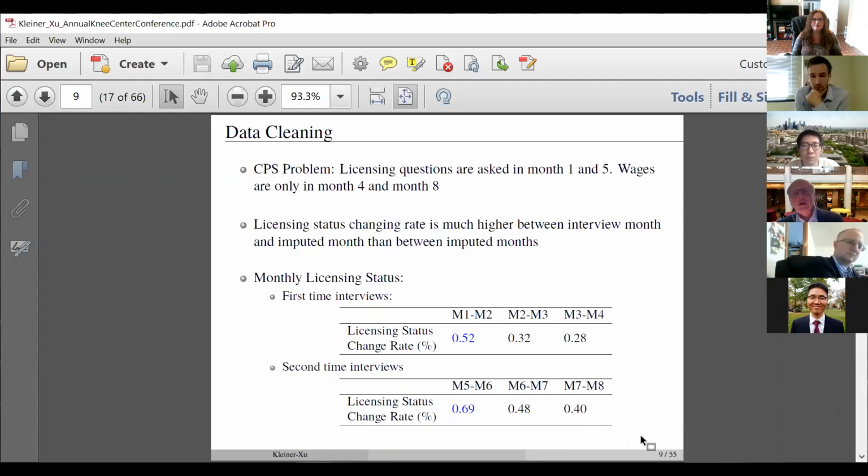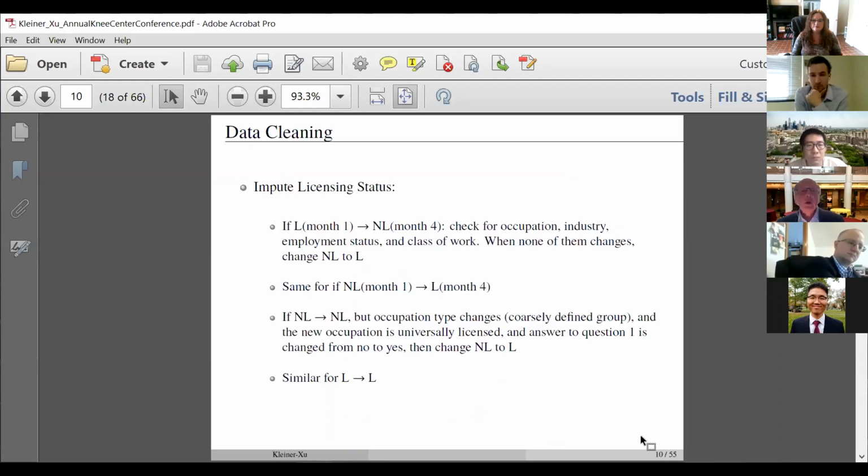So we were concerned about this dramatic decline on a month-to-month basis of data in the CPS. So what we did was to impute licensing status. We looked at month 1 and month 4, and we checked for whether those individuals also changed their occupation, industry, employment status and their class of work. So when none of those changed, and there was a change from non-licensed to licensed, we assumed that there was no change over those months.